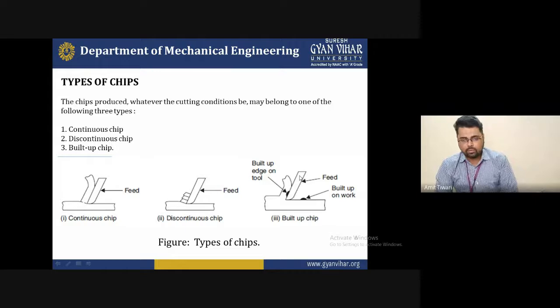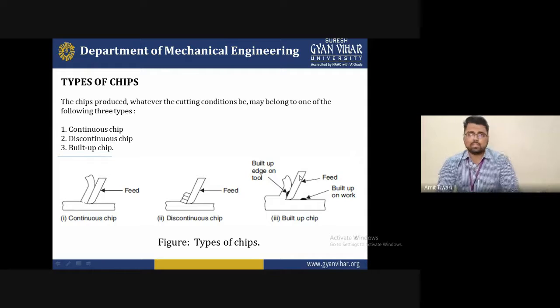So these are the chip formations and types of chip I have just discussed with you. Once again, keep in mind that the chip will easily be formed, but whether a continuous, build-up or discrete chip forms depends on the cutting parameters.